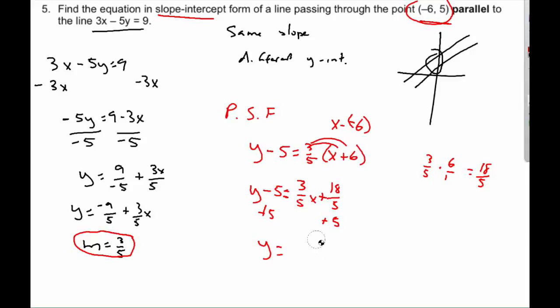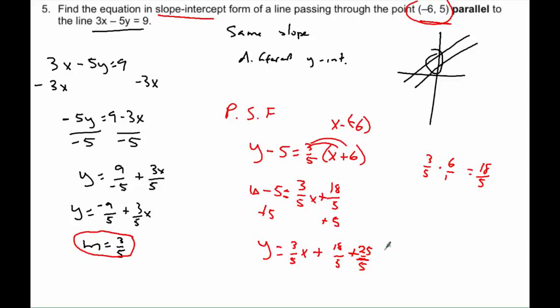Let me fix that. 3/5 x plus 18/5 plus 5. I'm not finished though because I need to combine like terms, so I'm going to add fractions by making them the same denominator. Multiply the bottom by 5, multiply the top by 5, so 5 becomes 25/5, because 25/5 is the same thing as 5.